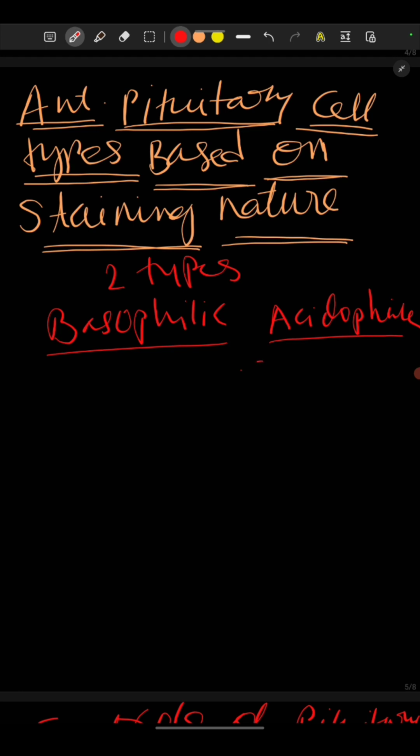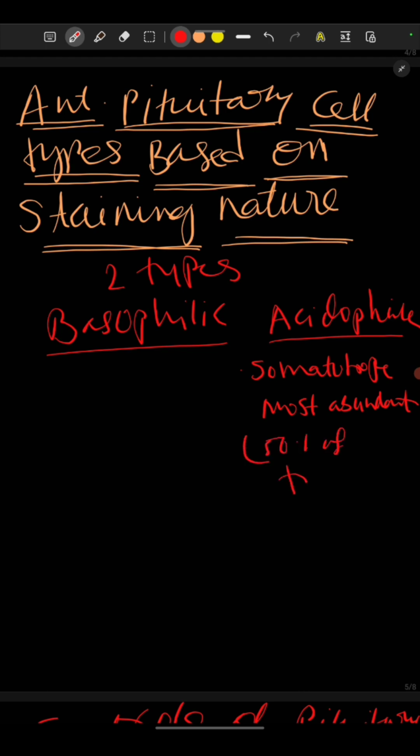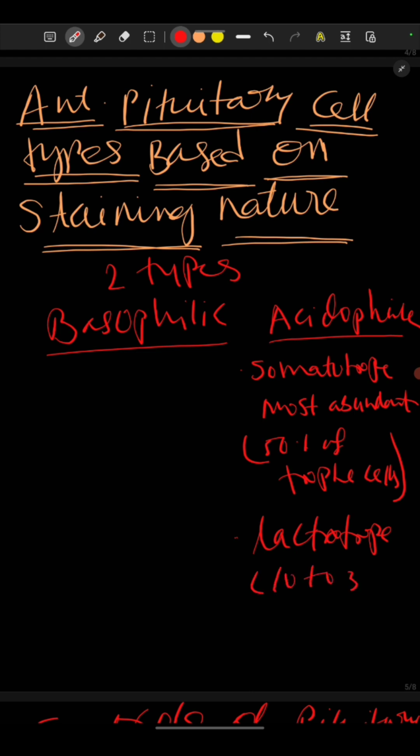Acidophilic cells include somatotroph, which is the most abundant, constituting around 50% of trophic cells, whereas another cell that comes under acidophilic is lactotroph, which is around 10 to 30%.